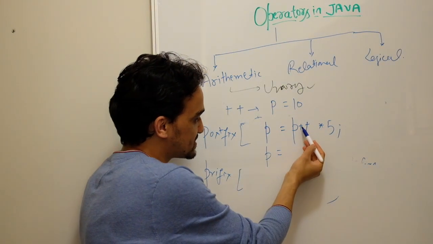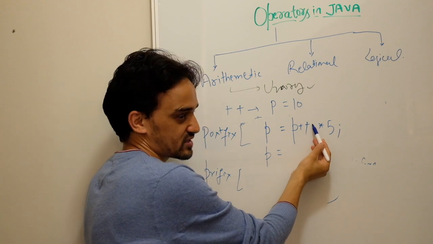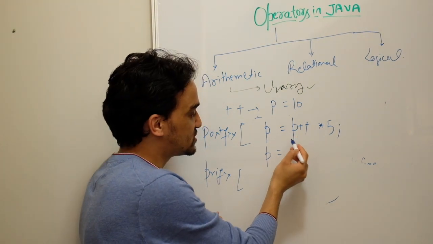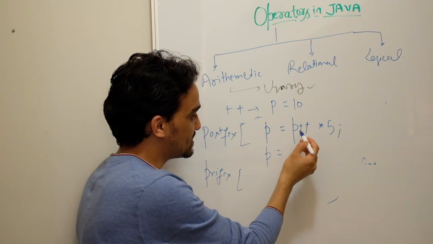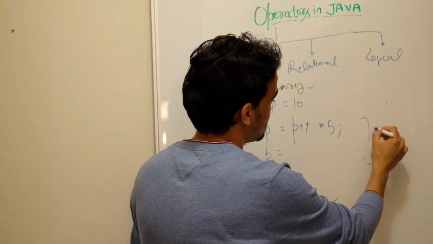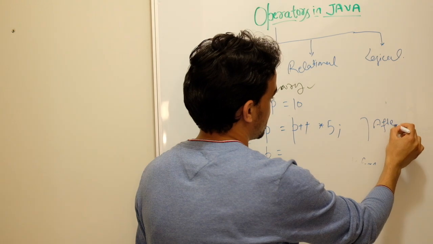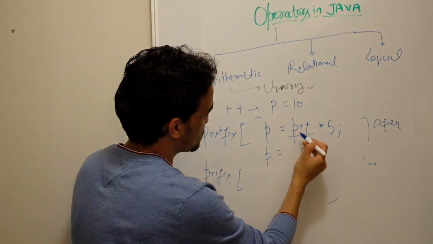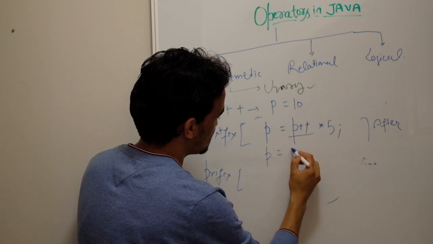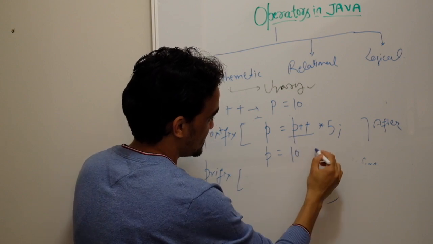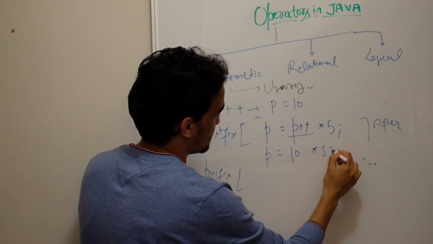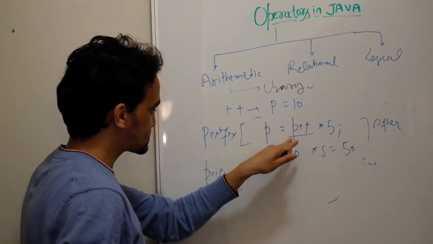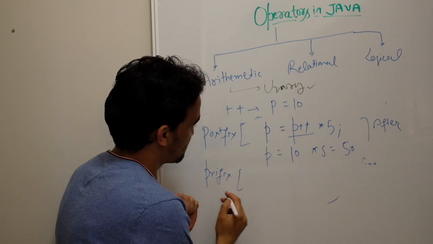Since this is postfix, the value is not going to change immediately, because it changes after the operation. So p is 10, and 10 into 5 equals 50.